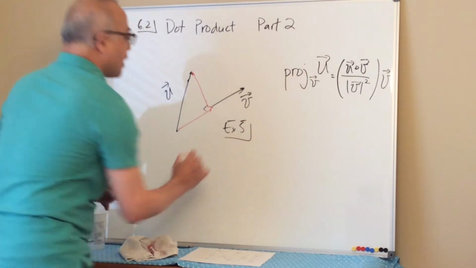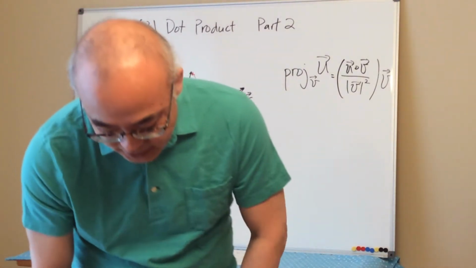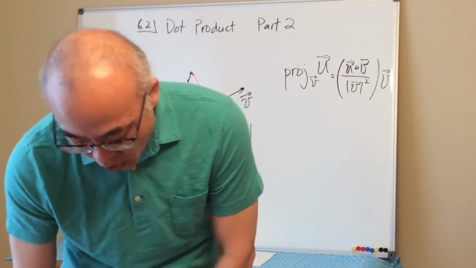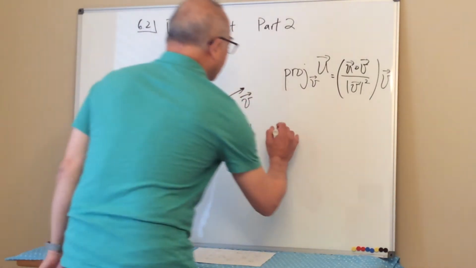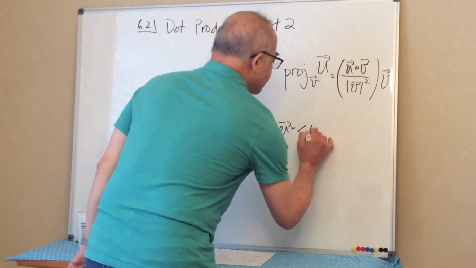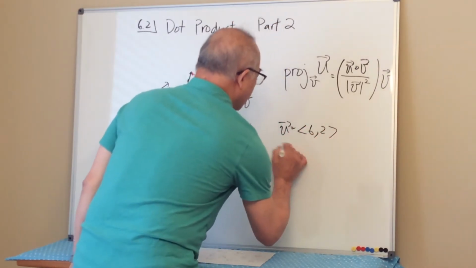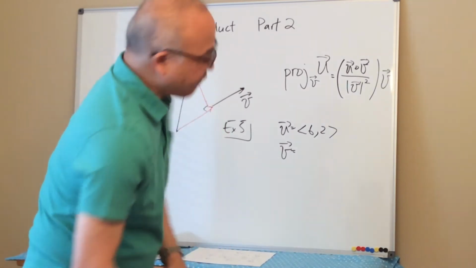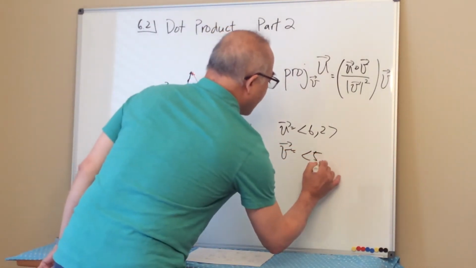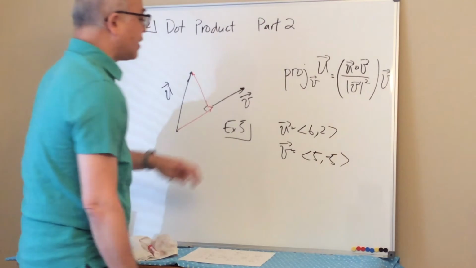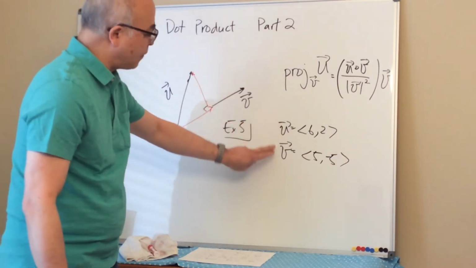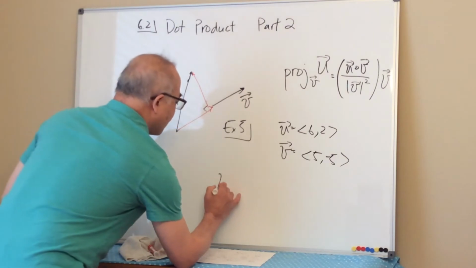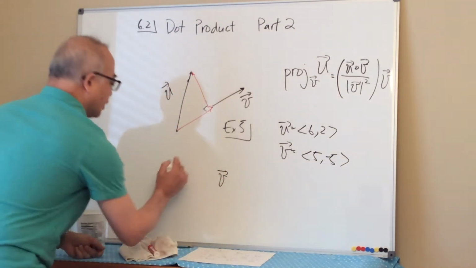Example number 5 says find the vector projection of u onto v, where u is 6, 2, and v vector is 5, negative 5. So we're projecting u onto v. So again, I'm going to end up with a v vector direction.